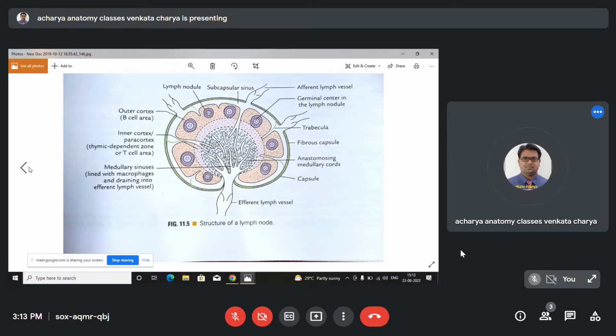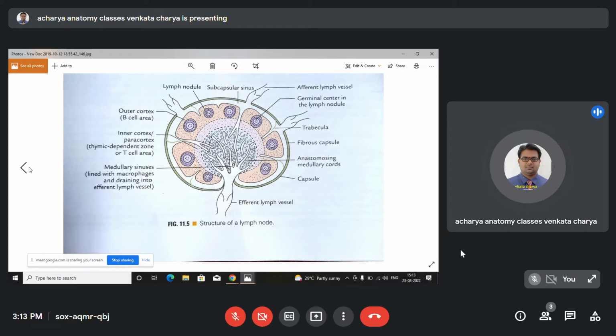Okay. Then whenever we look under the microscope, in the middle we get 50% nucleus and 50% cytoplasm. 50-50 in the center.